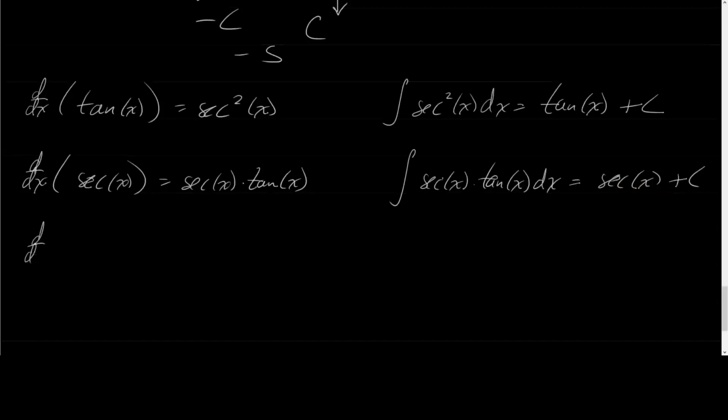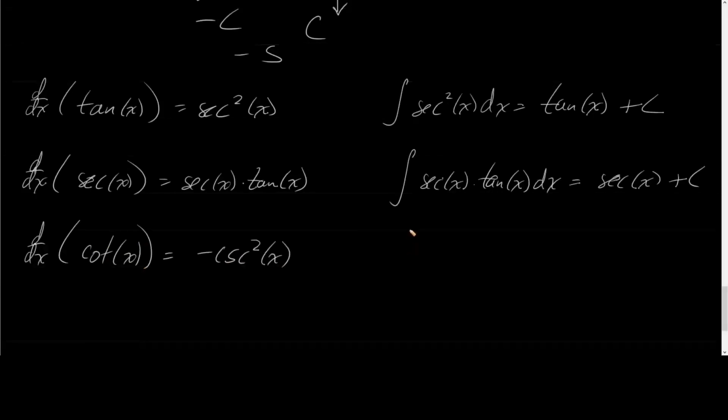We know the derivative of cotangent to be negative cosecant squared. Well, that would tell us the antiderivative of cosecant squared would be negative cotangent.